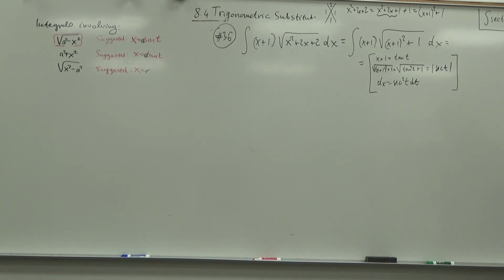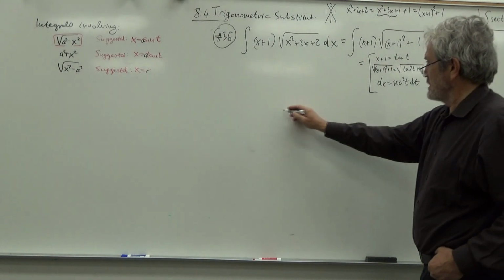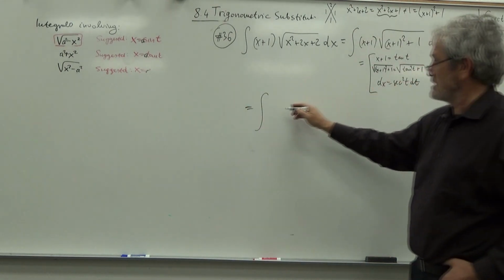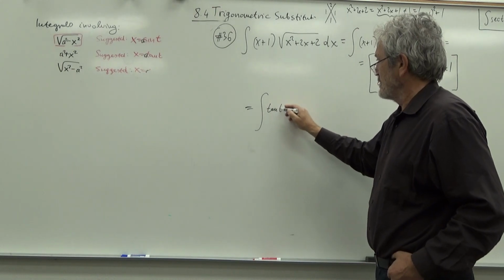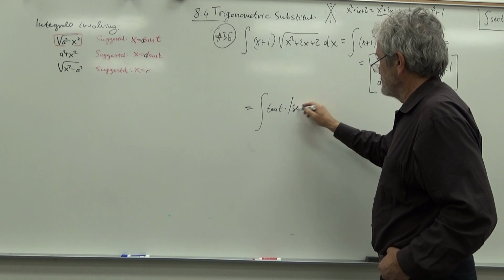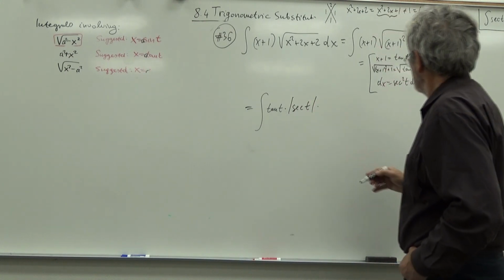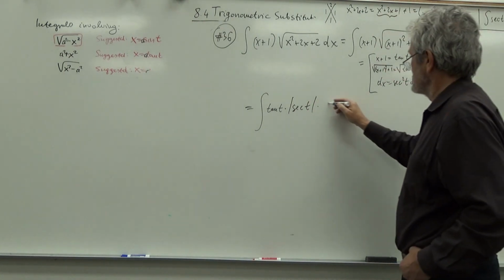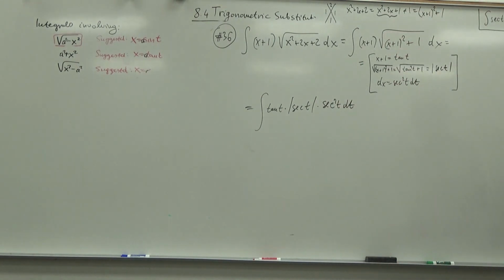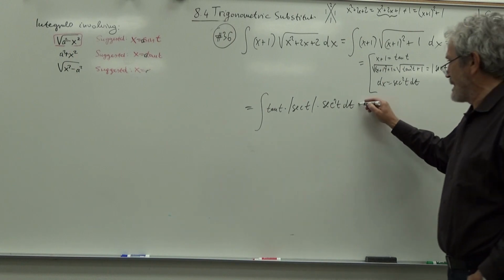So all looks promising. Our integral now becomes: integral, x plus 1 is treated as tan t, this is treated as absolute value of secant t, and this is treated as secant squared t dt. And that's it. So now what happens here?